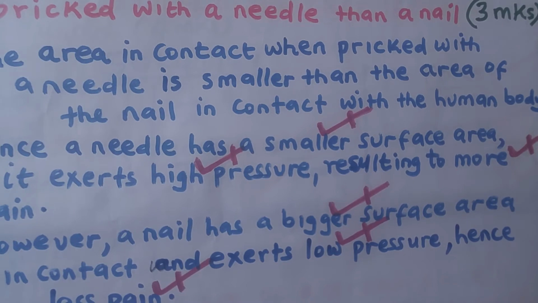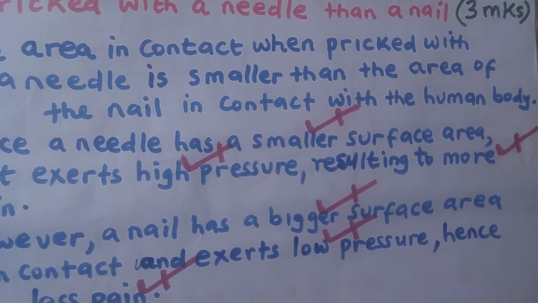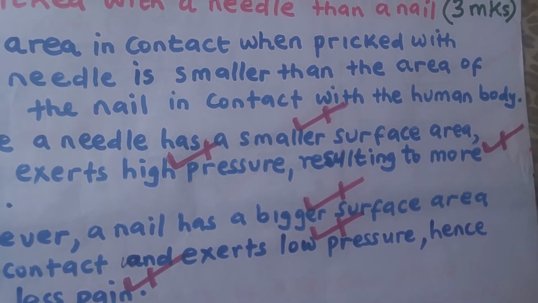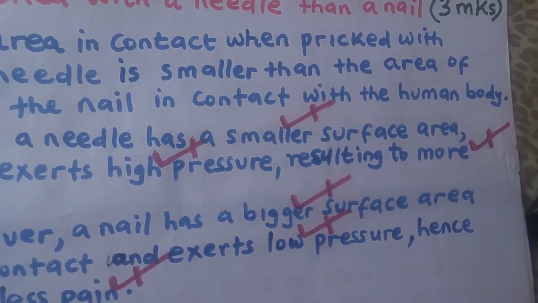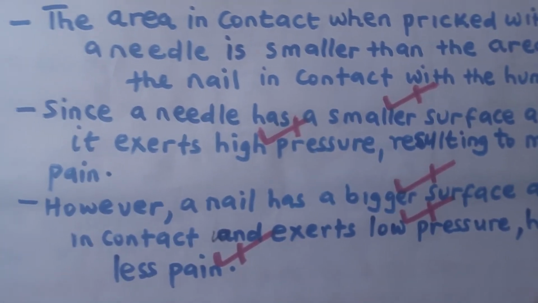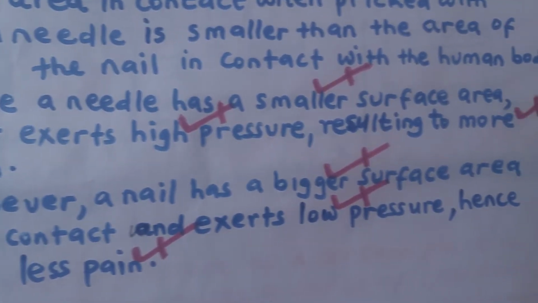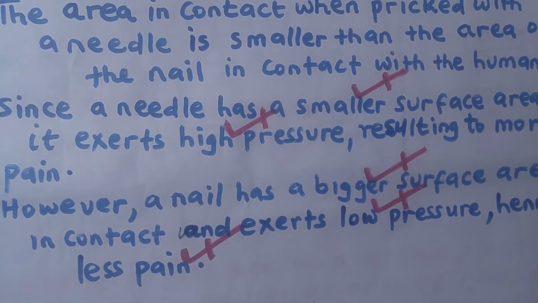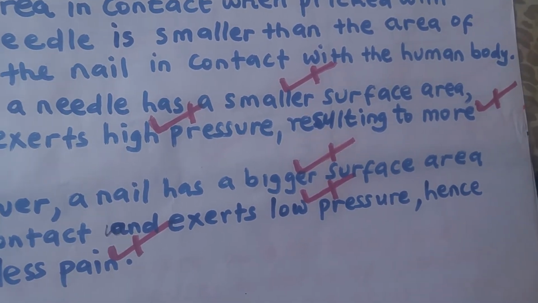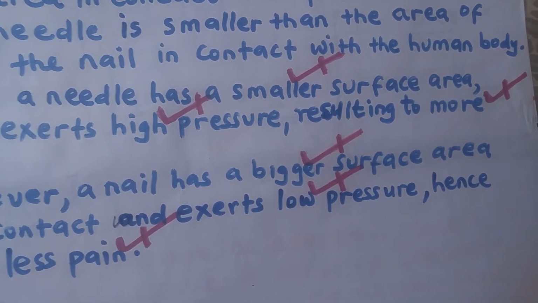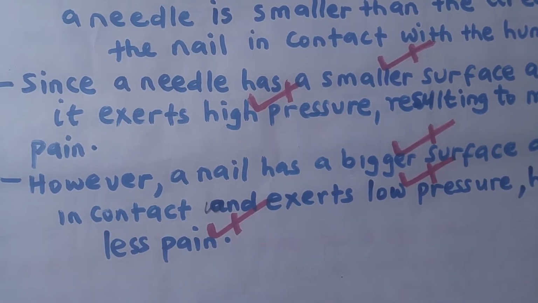So we are saying the area of the needle is smaller than the area of the nail in contact with the human body. So what does that mean? Since the needle has a small surface area, it exerts high pressure, which ends up with more pain.